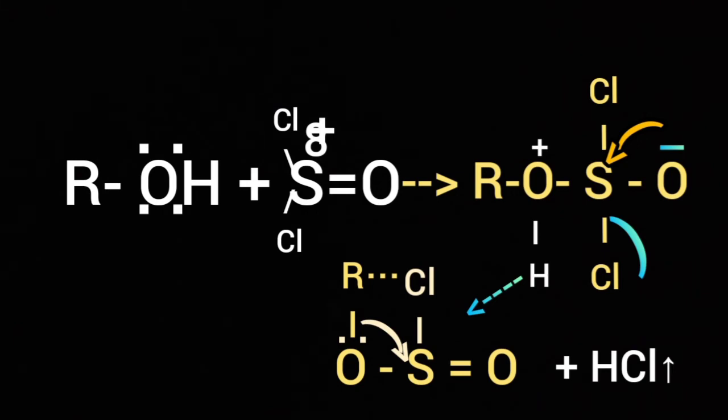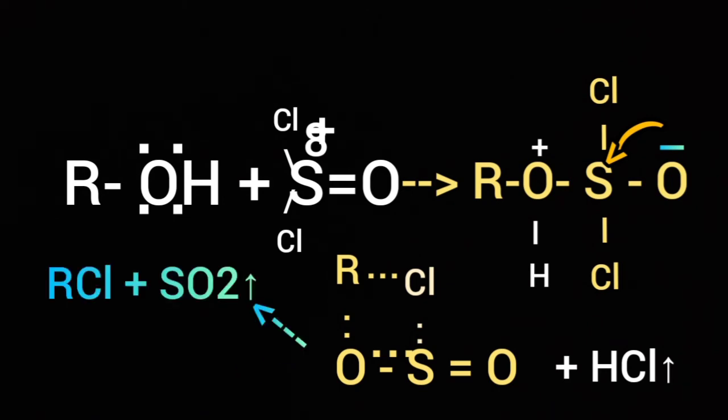Cl being negative tries to form a bond with R, or you can say the carbon of the alkyl group. You see a 4-center transition state is created. A weak bond is formed between Cl and R. A partial double bond is formed between O and S. The bond between R and O becomes weaker. Then RCl is formed and SO2 is removed. Here you see one thing, HCl is produced first, then SO2.